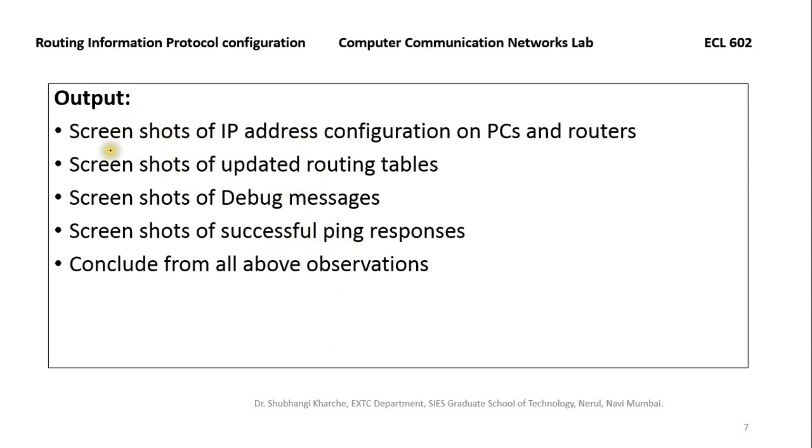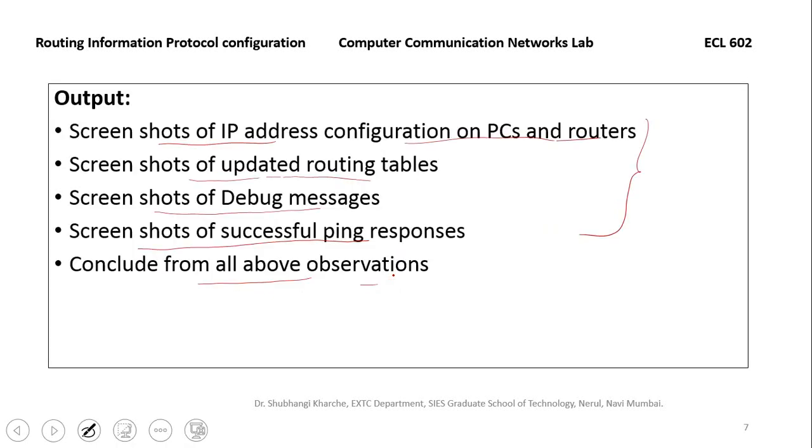This should be illustrated by taking screenshots of the IP address configuration on PCs and routers, the updated routing tables, the debug messages, and successful ping responses. After analyzing all these things, you will have to conclude from the above observations. Now let me take you to the Cisco Packet Tracer.